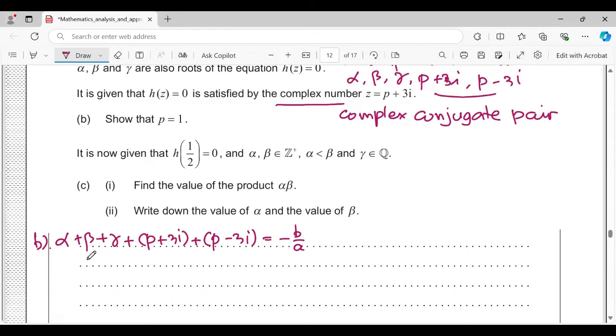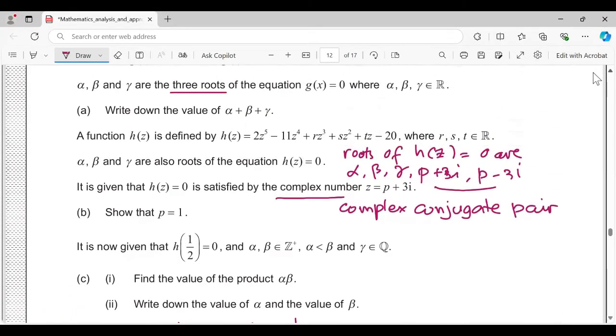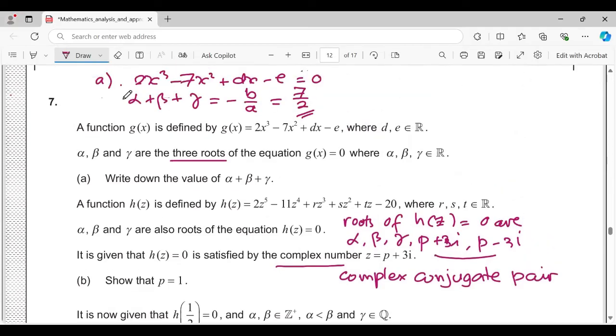The 3i and minus 3i cancel. From the previous solution, alpha plus beta plus gamma equals 7 over 2.